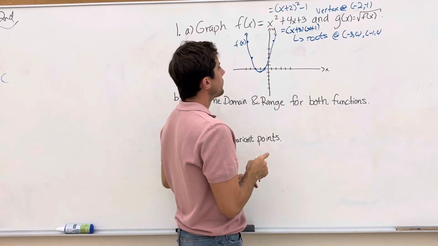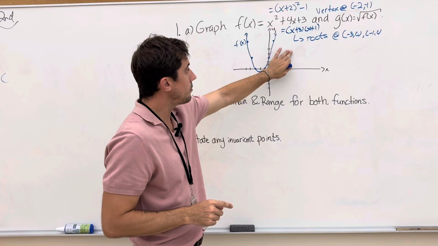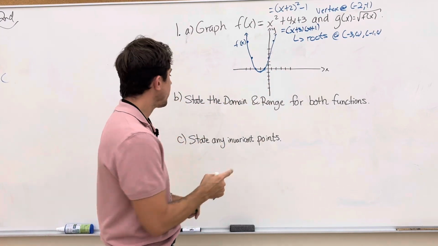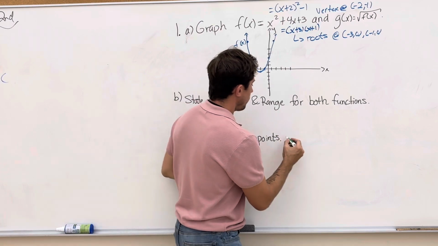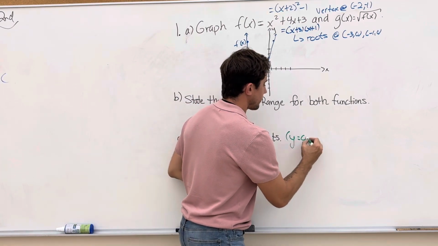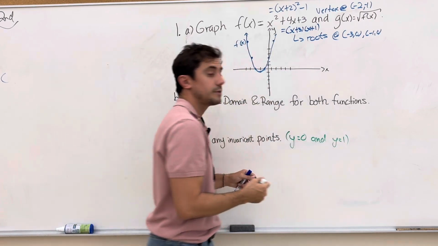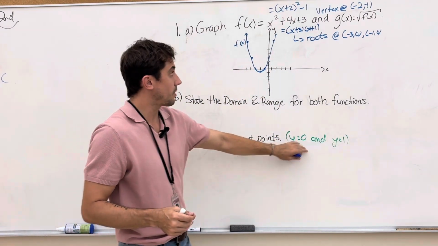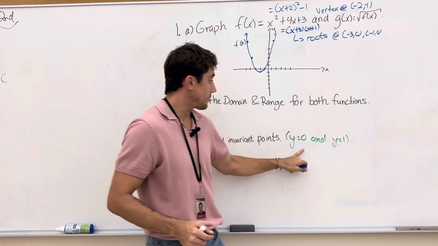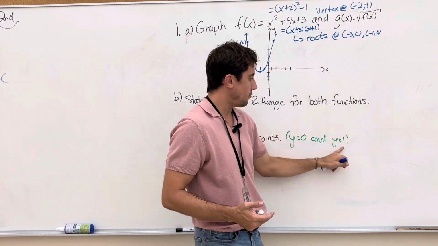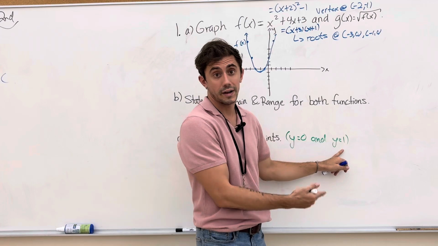So, we know that at 0 and at 1 in the y-coordinates, we get our invariant points. That's always going to be the case when y is equal to 0 and when y is equal to 1. We've discussed that this is because the square root of 0 is 0 itself, and likewise, the square root of 1 is also 1 itself.